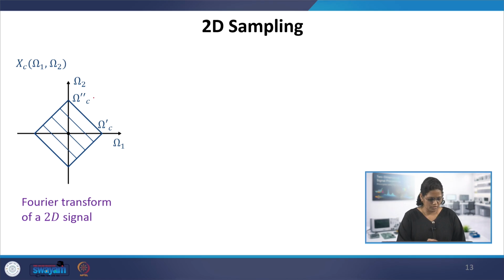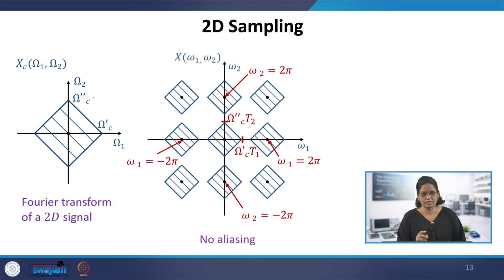For this spectrum, the sampling frequency f1 is greater than 2 times omega c dash, and similarly f2 is greater than 2 times omega c double dash. You can see the pattern repeating in this direction as well as this direction, and the same pattern is getting repeated.